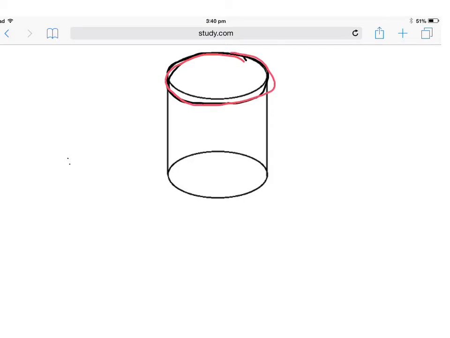That is a circular base, and down here is another circular base. Okay? It also has a curved surface. This is a curved surface that goes around, connected by the circular bases. Now, if we opened up the curved surface, we would see that we have two circles joined by one rectangle to make a cylinder.